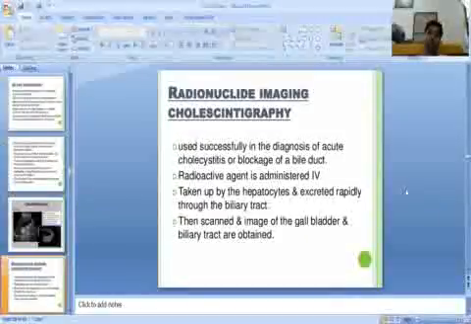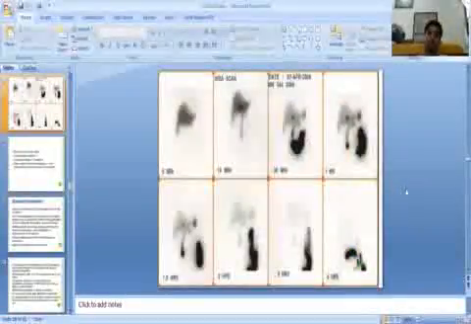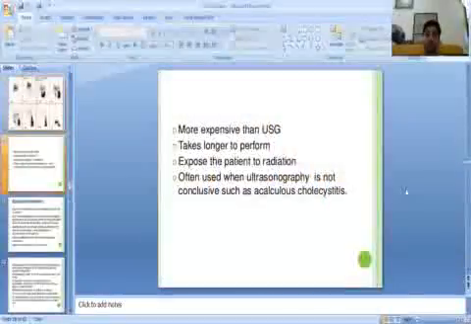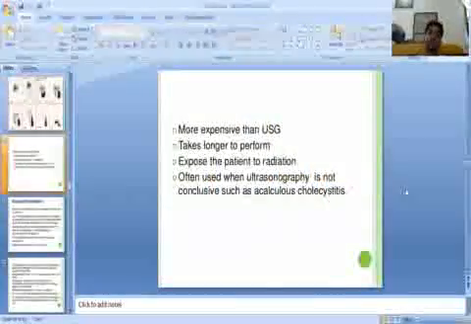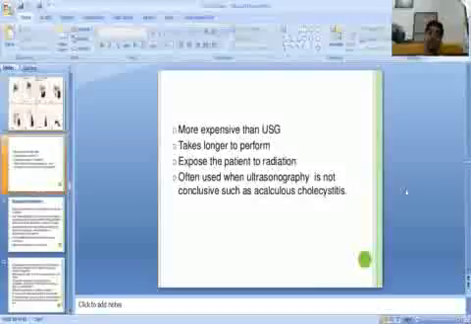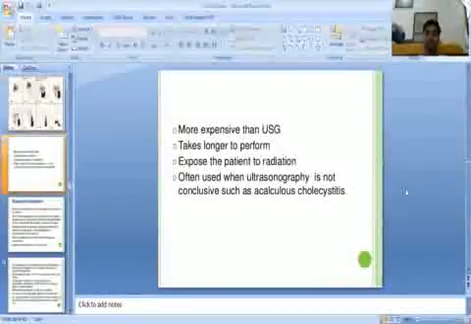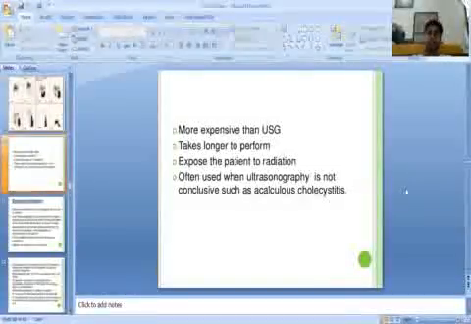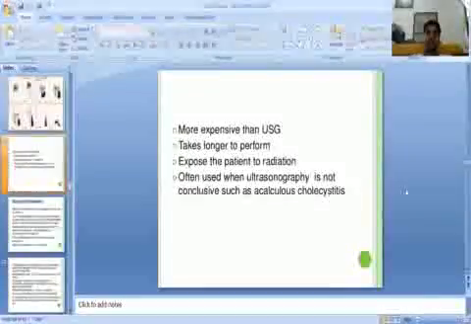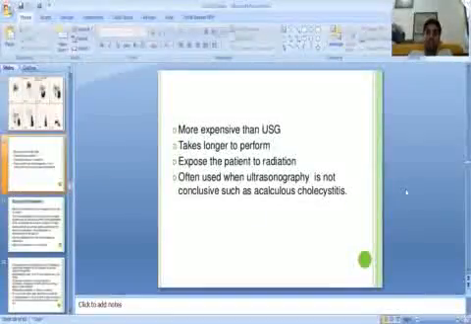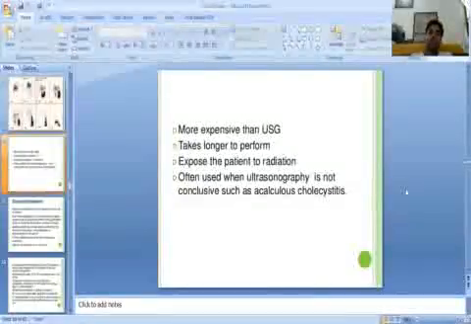Then it is scanned and images of the gallbladder and biliary tracts are obtained. This is the HIDA scan of the gallbladder. It is more expensive than USG, takes longer to perform, and exposes the patient to radiation. It is often used when ultrasonography is not conclusive, such as in acalculous cholecystitis.